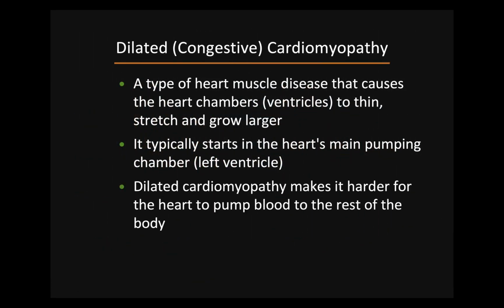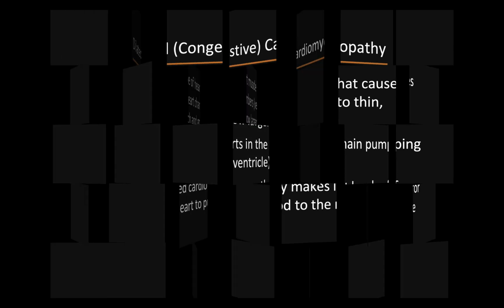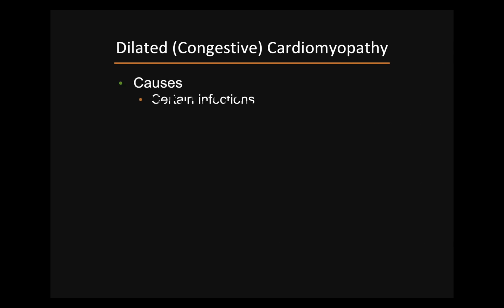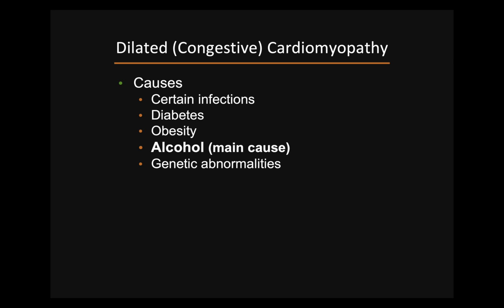So that dilated cardiomyopathy makes it really hard for the heart to be able to pump that blood from the left ventricle up through the aorta and out to the systemic circulation. The causes can be certain infections, diabetes, obesity, alcohol consumption. This seems to be a really major cause of dilated cardiomyopathy.